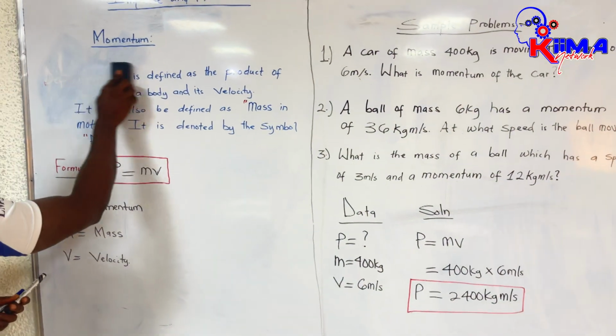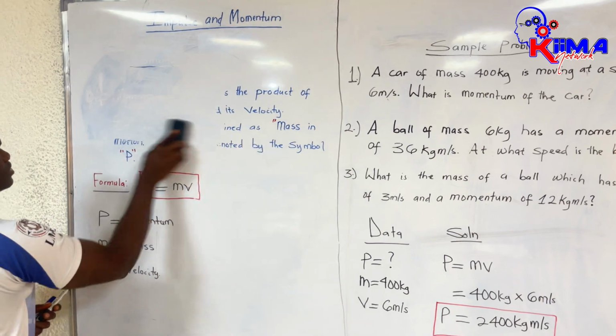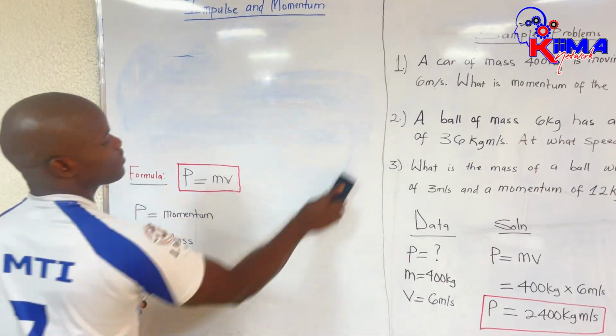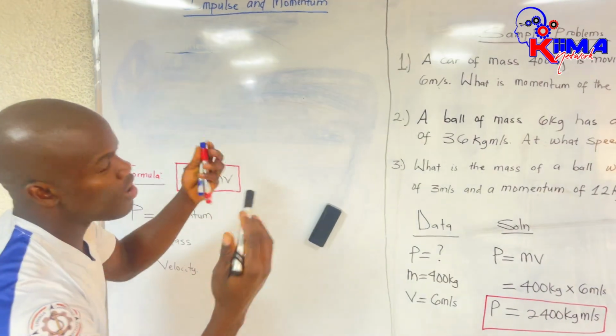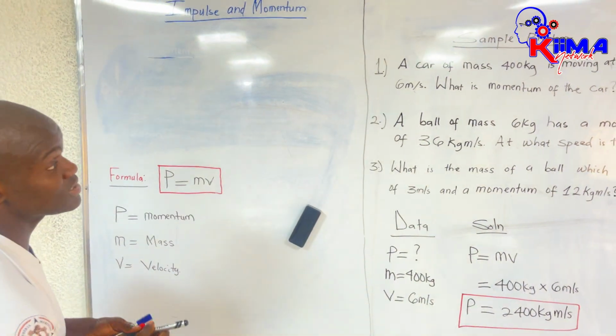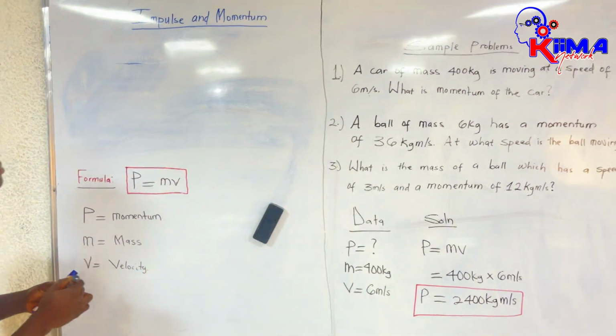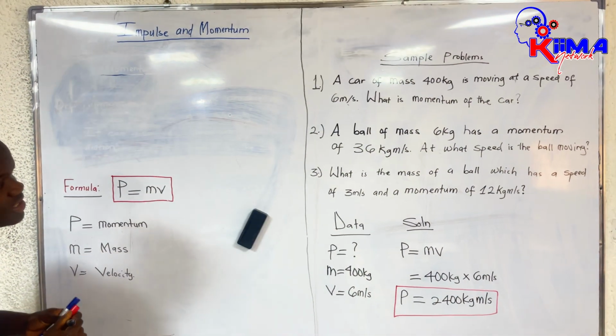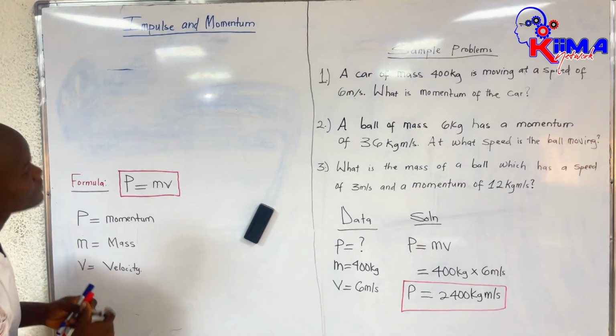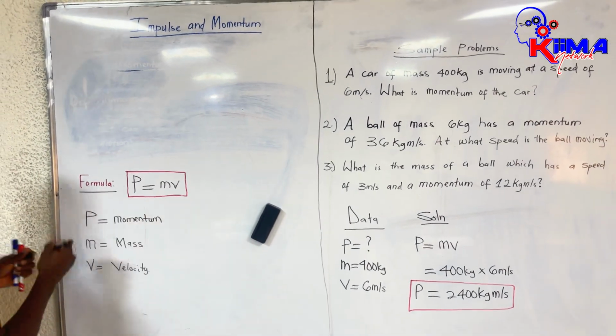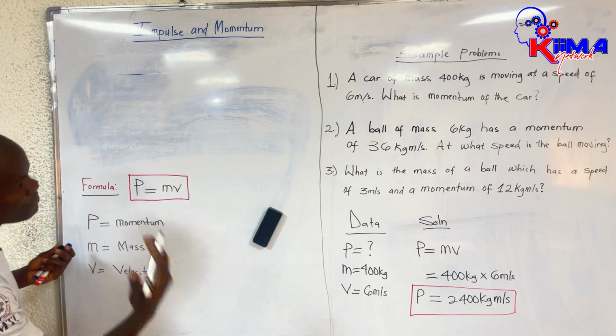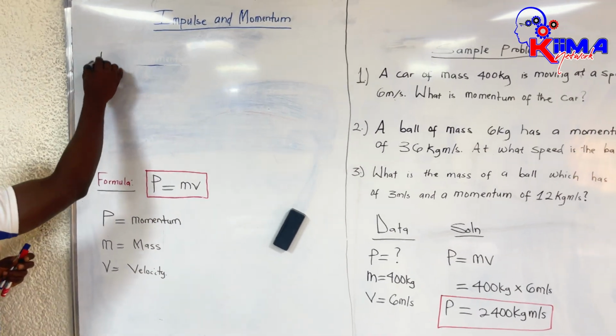Now, we can solve our next problem. We can get rid of this since we are not using it anymore. For the second question, it says a ball of mass 6 kg has a momentum of 36 kg meter per second. What is the speed of the ball? At what speed is the ball moving? So we can collect our data again.